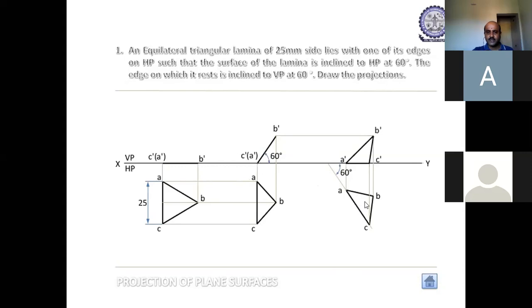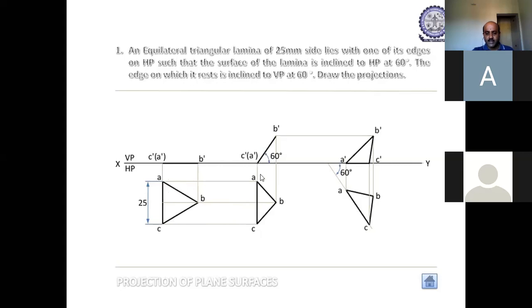Are you able to understand? Are you following? What we are doing is inclining the edge on which it rests. AC is the edge which is resting, and that AC I want to incline with respect to VP at 60 degrees. So therefore I will take this triangle. Don't take the original triangle, this is a true shape.